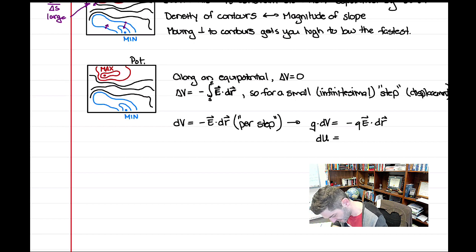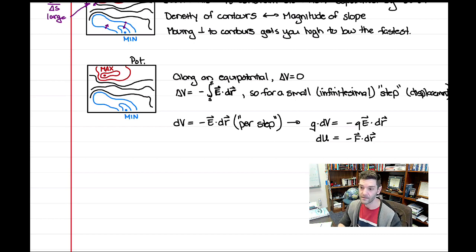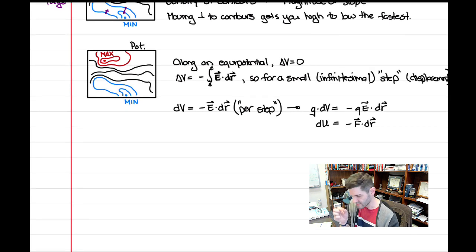But then Q times E is the same thing as the force that's resulting from that motion. And then a change in potential energy we defined as negative the work that's being done by that force.